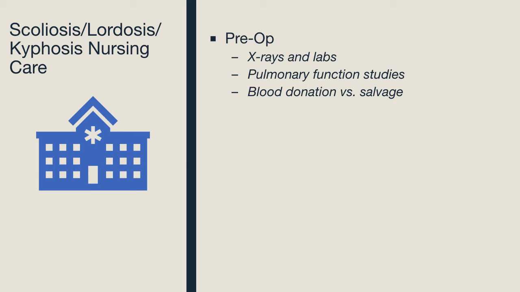And so sometimes what they'll do is donate their own blood prior to their surgery so that they're not having to get as much blood from other sources. Other times, they do blood salvage treatments where they're able to recycle the blood that they're losing and give it back to them.